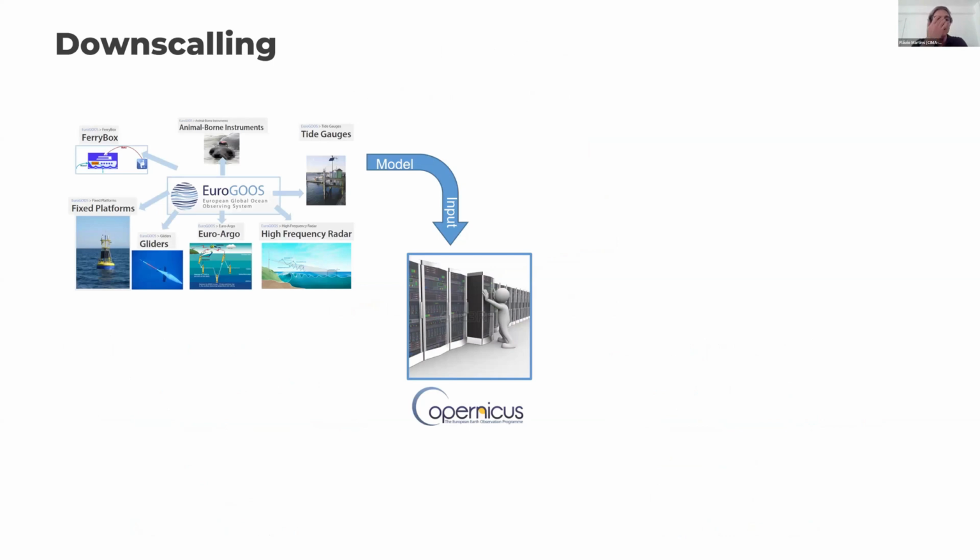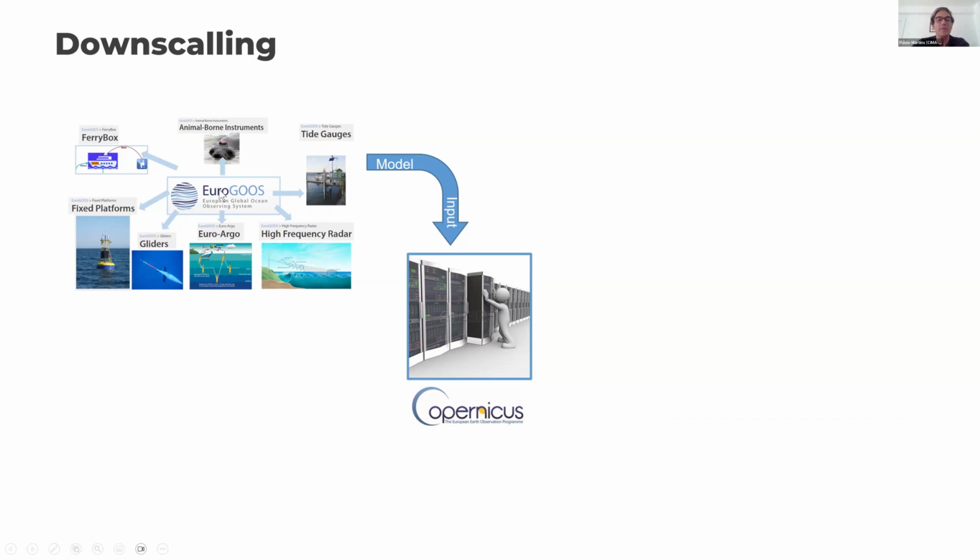Okay, so now let's move a bit to downscaling. Let me talk a little bit about operational modeling and downscaling. I won't get too much into this. We will have other classes talking about this. Basically, we have different observations of the ocean using different platforms and different systems.